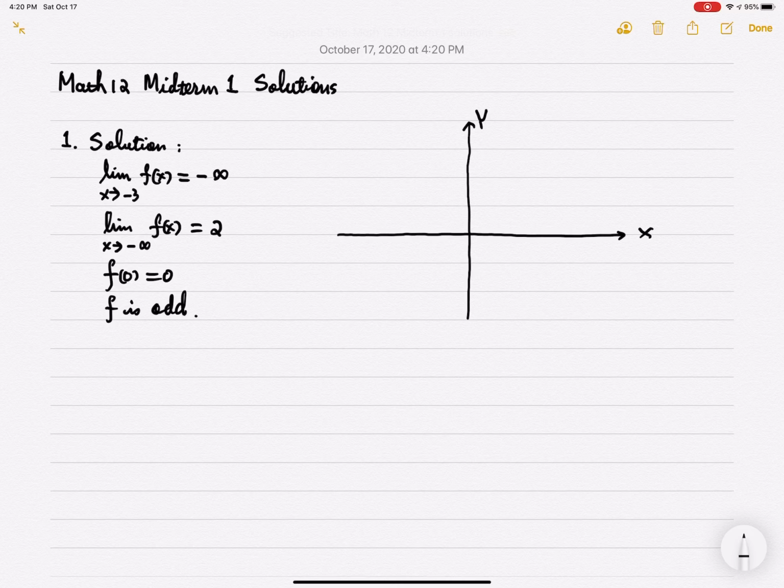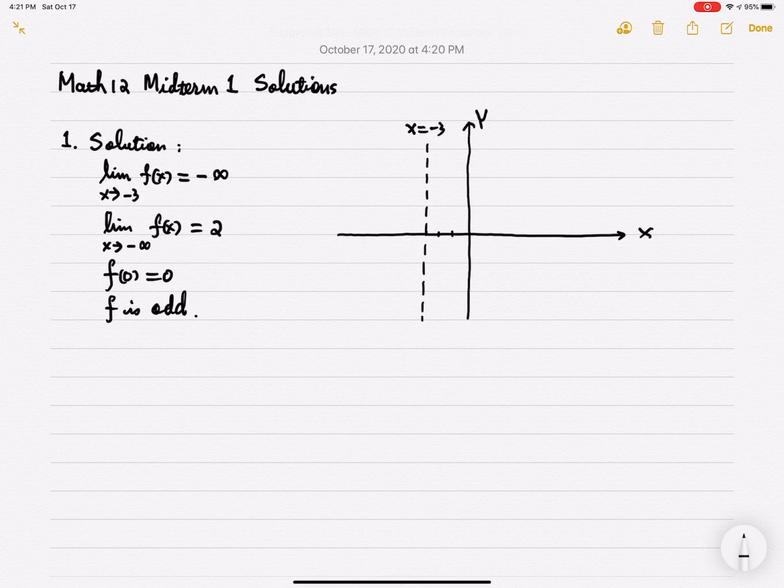First of all, let's look at x going to -3: 1, 2, 3. The function goes to -infinity. It doesn't say which side, so that means both sides. So first of all, we draw x equals -3.